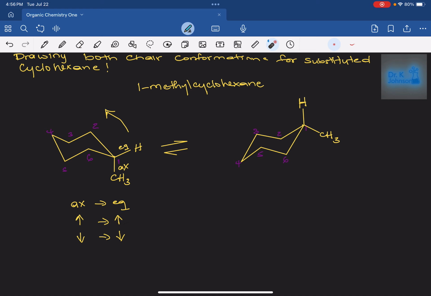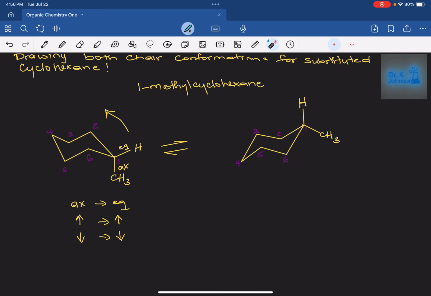By the way, these are the two chair conformations for methylcyclohexane. Remember, for conformations, same molecular formula and same connectivity, but clearly there's a difference in the orientation or arrangement. Once that chair flips, this is a different orientation from the original chair, and the carbons of the ring are now oriented differently.